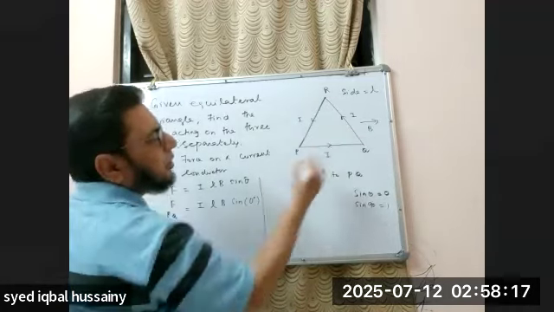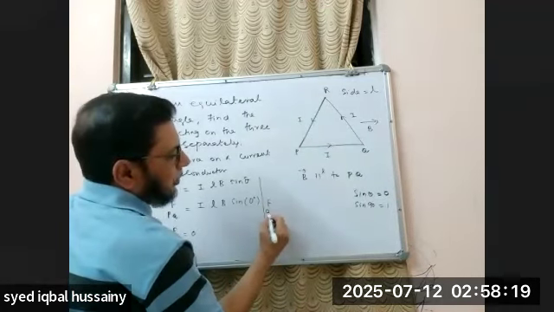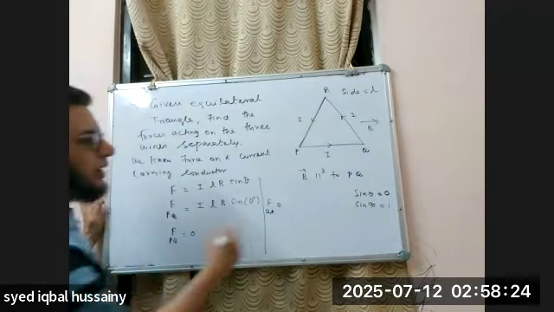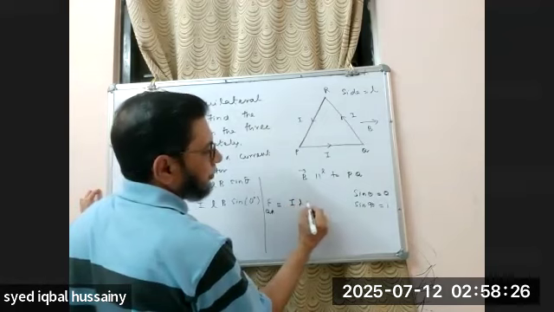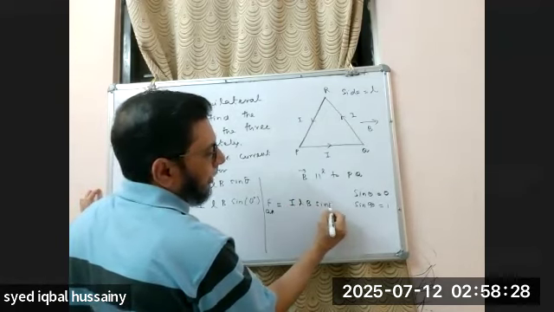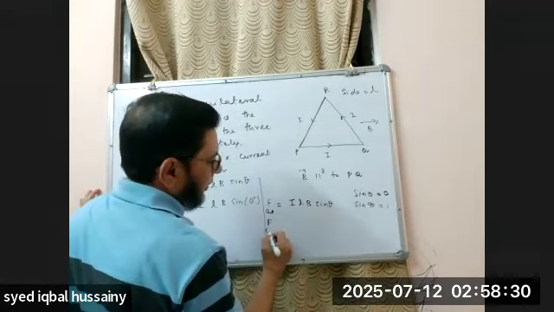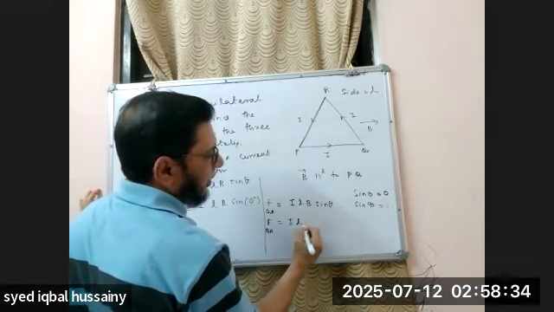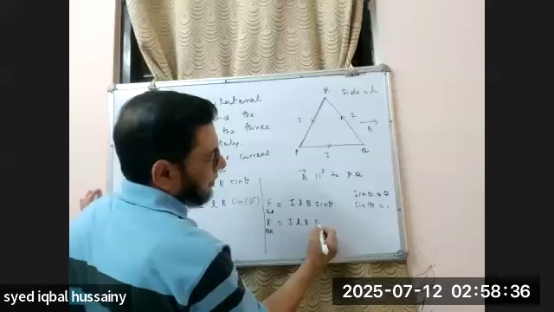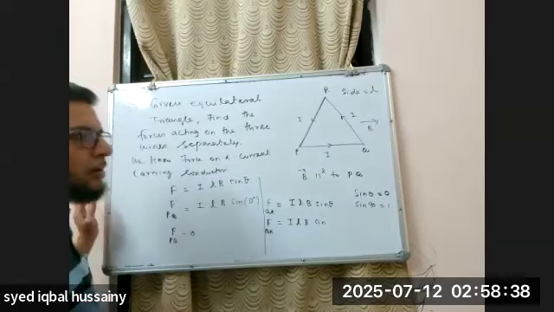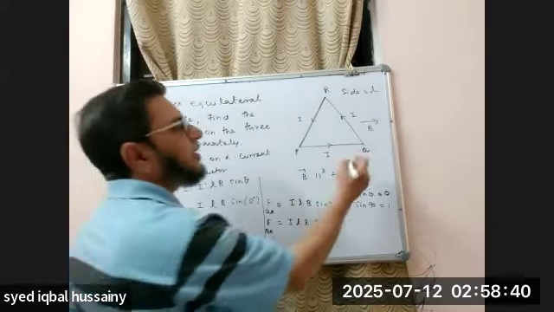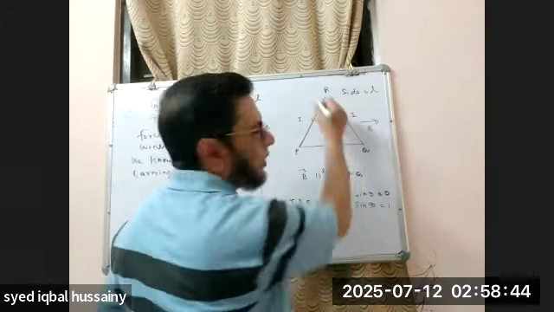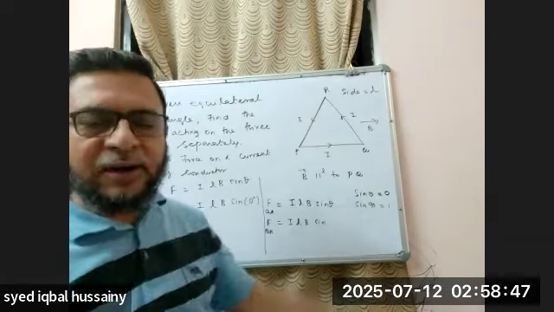Force on QR. The same formula, I L B sin theta. Force on QR will be equal to I, L, B, sine. Very carefully watch here. The magnetic field is going in this direction, and we are talking about the QR conductor.